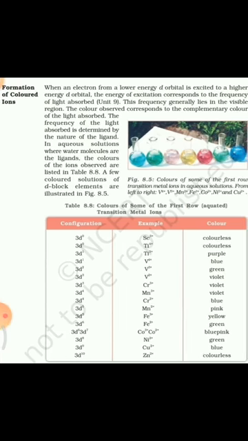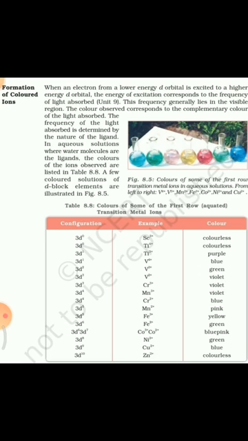In aqueous solutions, water molecules act as ligands. The colors of some transition metal ions in aqueous solution are given in the table. If the configuration is 3d0, for example scandium 3 plus, it is colorless because it has vacant d orbitals, so no d-d transition.